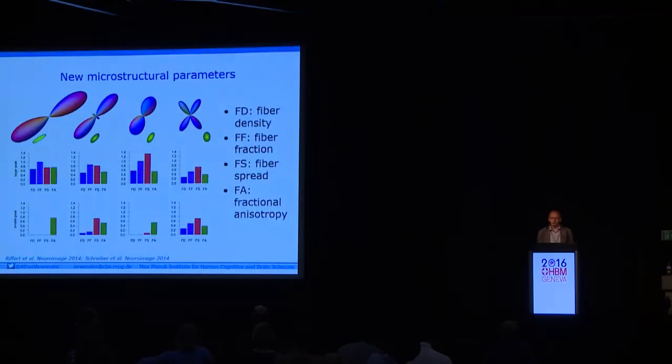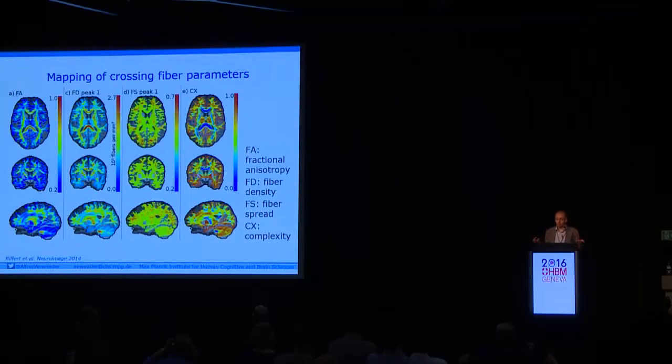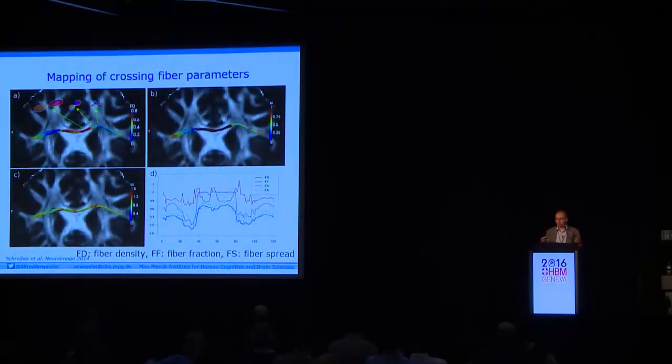So if we do this, we have here four different voxels, one with a crossing area and one with a single fiber. We can see that the fiber fraction, which is how many fibers are in the first and the second directions, varies between the different local models. And we can see that with these measures we can quantify the number of fibers in each component and map this back in the volume and also on a track.